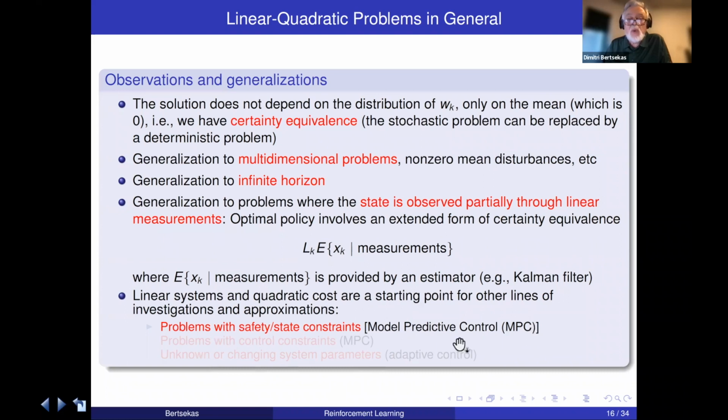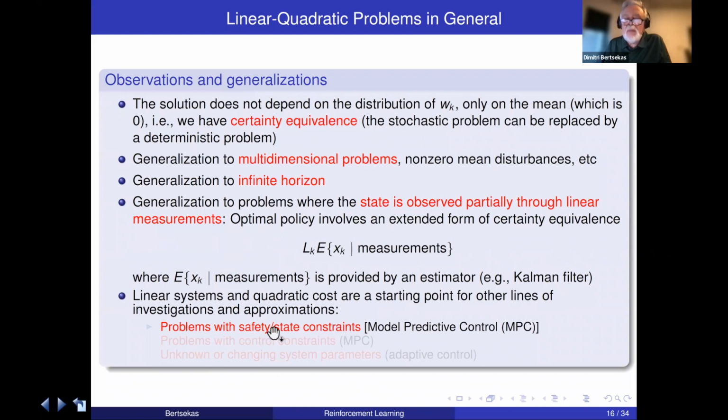One class of problems where linear quadratic formulations play an important role is model predictive control. Most of the applications of model predictive control involve a linear system with quadratic cost, but also additional constraints. In our formulation of the linear quadratic problem, it is important that there are no constraints on the control and no constraints on the state.